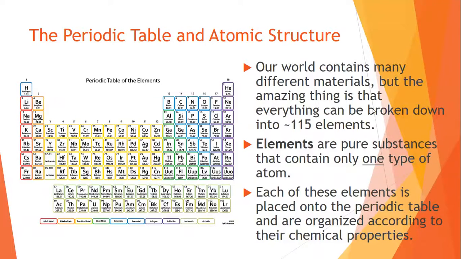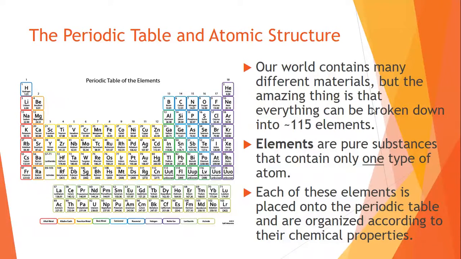If we look at the modern day periodic table with all those letters and symbols on there, there's about 115 elements. All the time, we're manipulating matter and making new man-made elements. So the periodic table is always changing, but right now there's 115 elements.